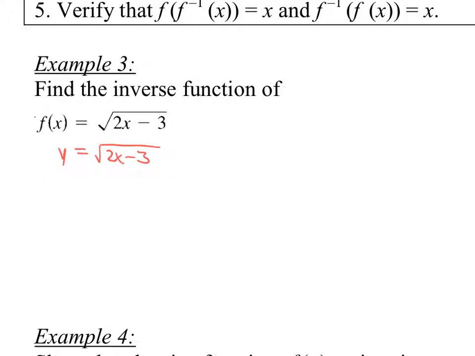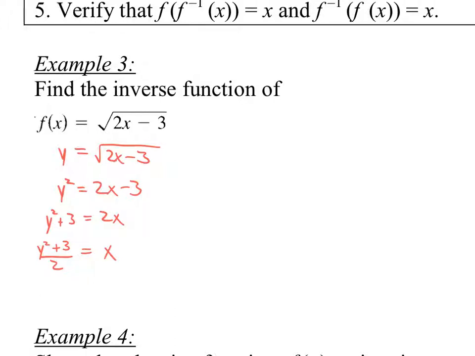And now I start solving it. So I make this y squared equals 2x minus 3. I add 3, y squared plus 3 is 2x. So x is y squared plus 3 over 2.